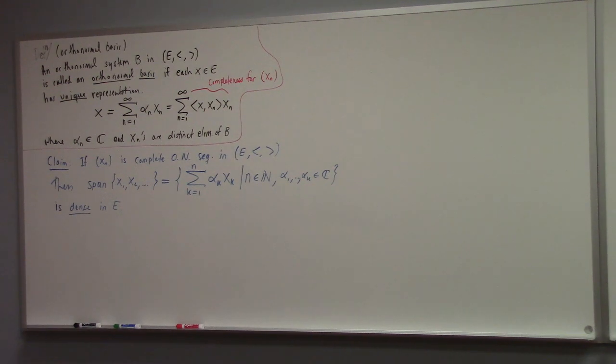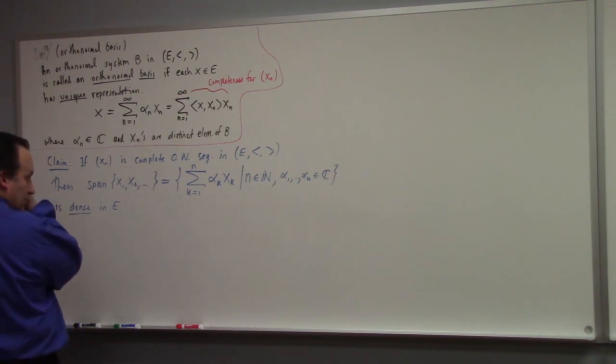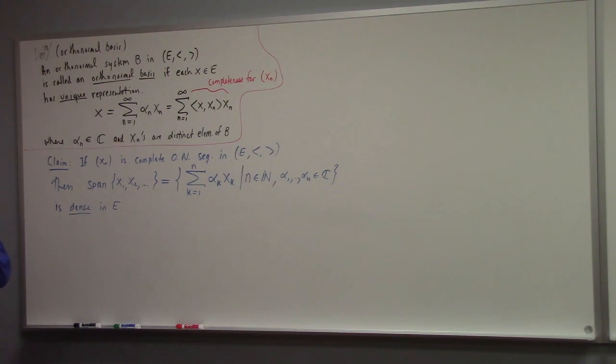Why is that true? What does that mean? How do we know that's the closure of the set? Well, dense would mean that the closure of the span is all of E again. That's true. But let's see. First of all, if it's a complete orthonormal sequence, by what we talked about at the end of last class, it's a basis, right?